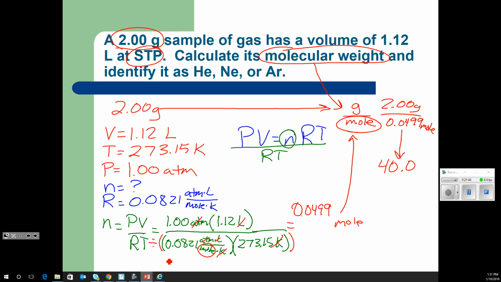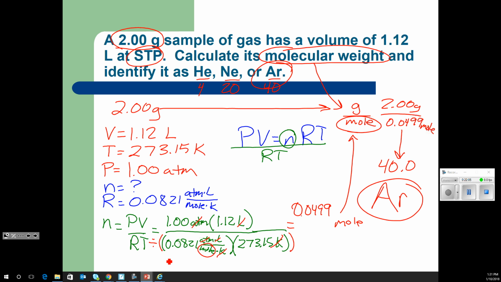Okay, well, it asked me to figure out if it was helium, neon, or argon. Helium weighs 4, right? Looking at the periodic table. Neon weighs 20, about. And argon weighs 40, about, 39.9. So I have argon, because the others aren't close.